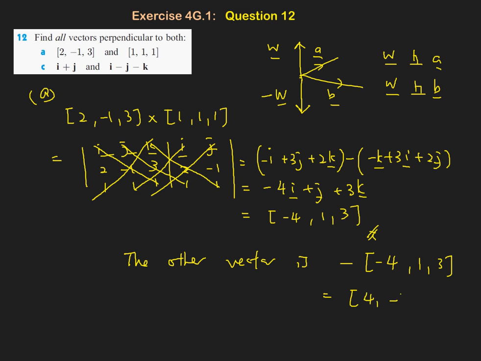So these two vectors are both perpendicular to the vectors 2, negative 1, 3, and 1, 1, 1. I hope you try the other questions, and good luck, and all the best.